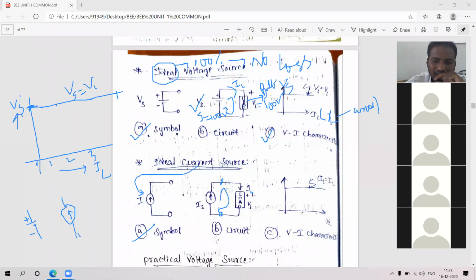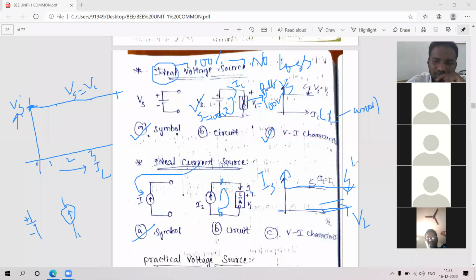So I am taking the graph here. This graph has VL on the x-axis and IS, the source current, on the y-axis. The current is changing, but do you have any other path?